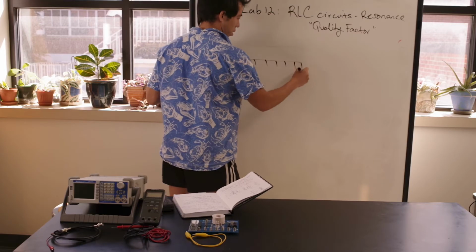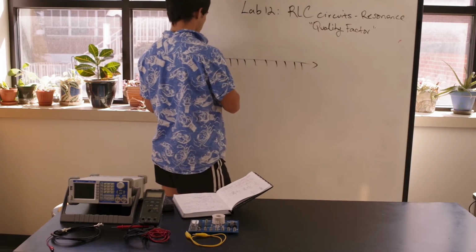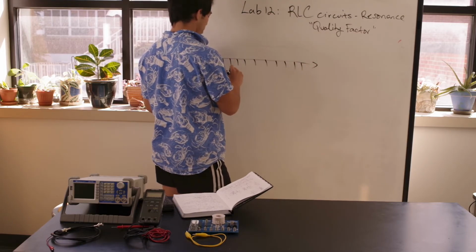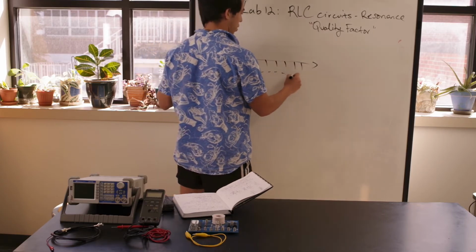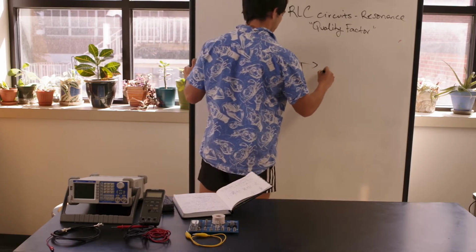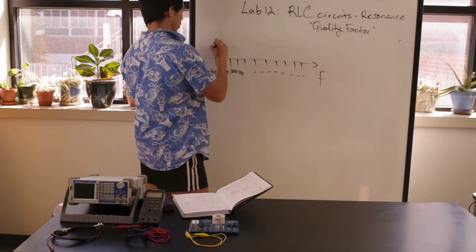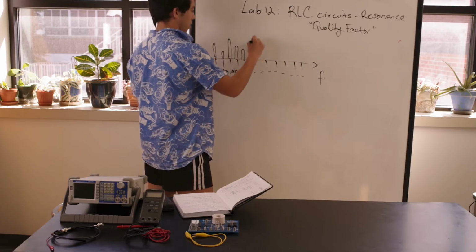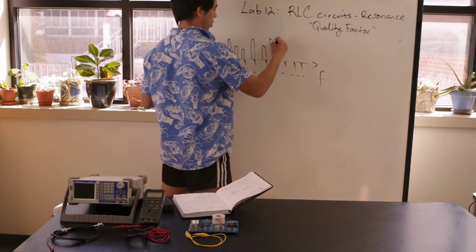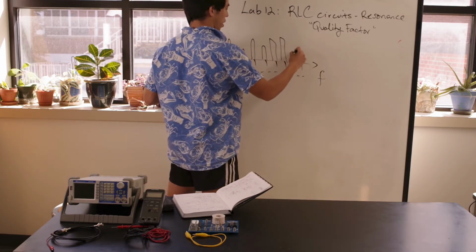we have a spectrum of frequencies, say we have 900, 950, 1000 hertz, etc. So this is frequency. And you have different amplitudes of these frequencies, say in an amplitude modulated signal.